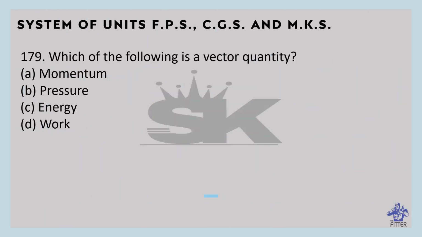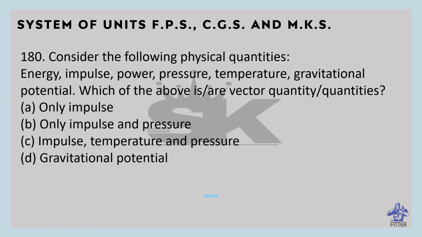Which of the following is a vector quantity? That is momentum. Consider the following physical quantities: energy, impulse, power, pressure, temperature, gravitational potential.